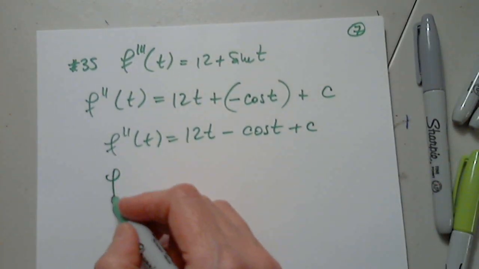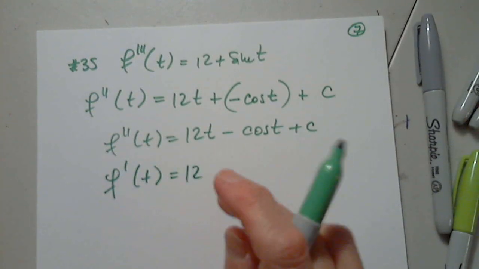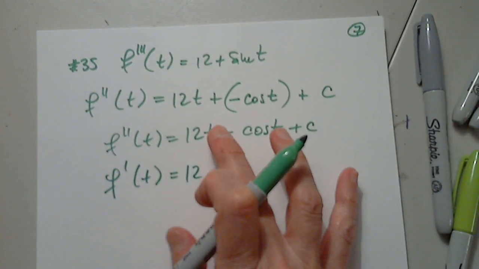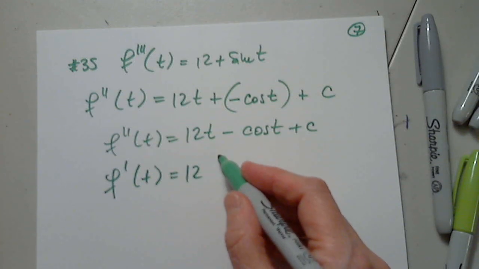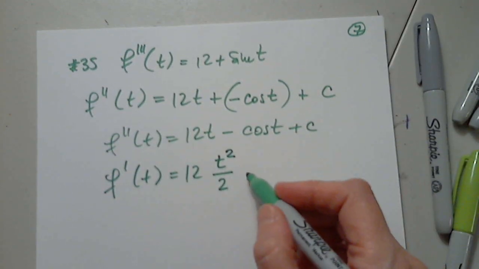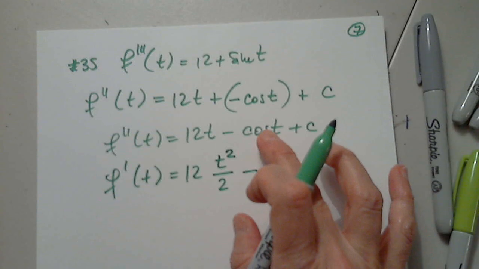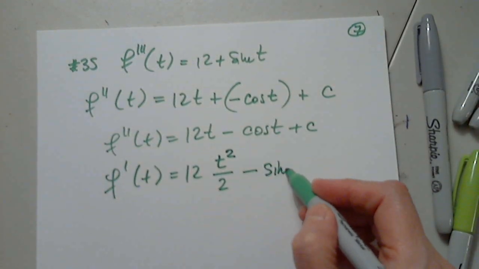Now you go back to the first derivative. 12. Which function prime is t? t squared over 2. Good. Minus. Which function prime is cosine? Just sine, yes.